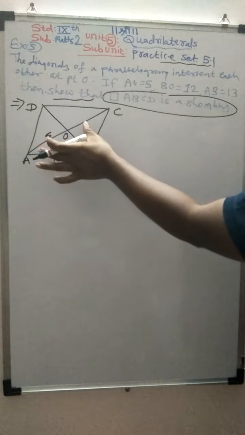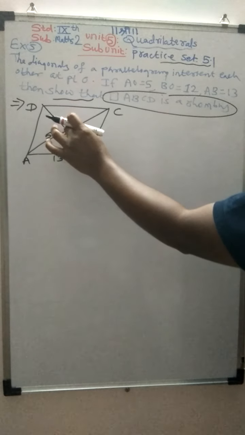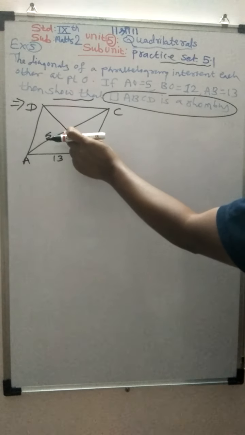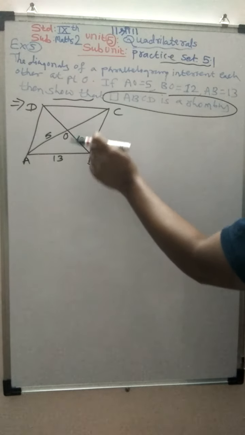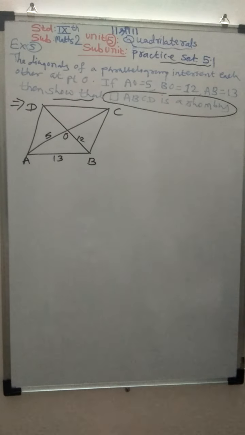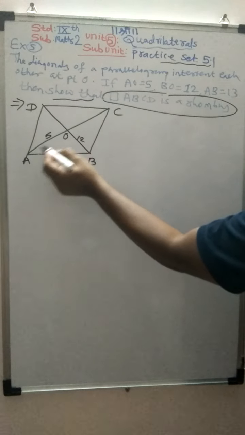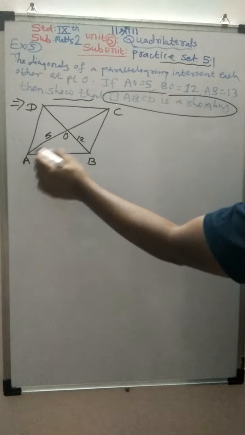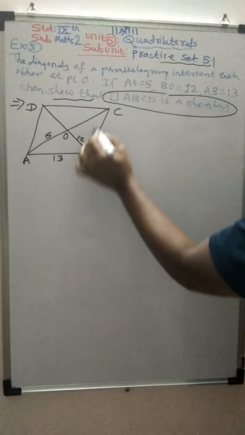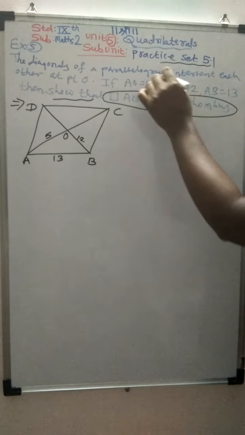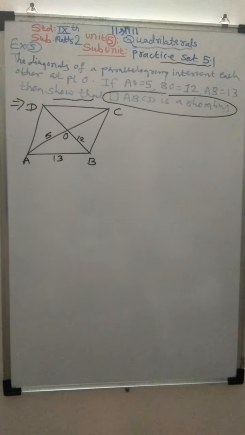If we prove these two diagonals intersect each other at a right angle at point O, then the given parallelogram is a rhombus. Means if we prove angle AOB is a right angle, means diagonals AC and BD are perpendicular to each other, then we say the given parallelogram is a rhombus.